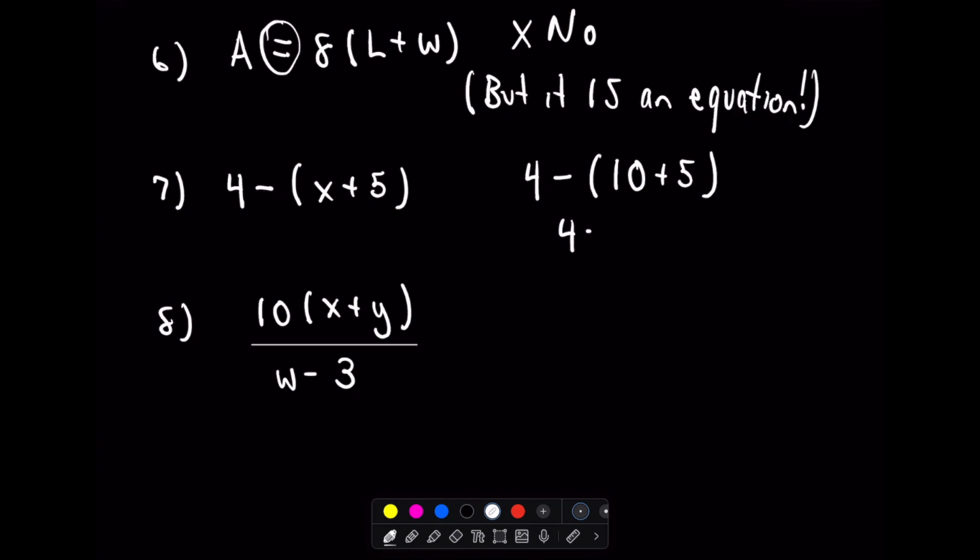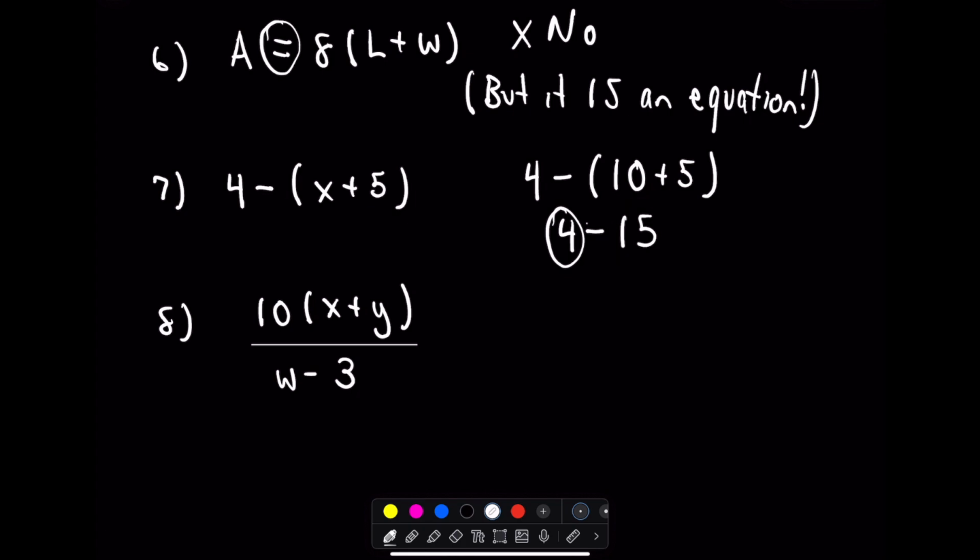Well, in this case, I would do 4 minus, let's see, that's 10 plus 5, which is 4 minus 15. And you can think, if you had $4 in your bank account, but maybe when you get older, you can always spend too much money on your credit card and go into debt. So maybe you actually spent $15.